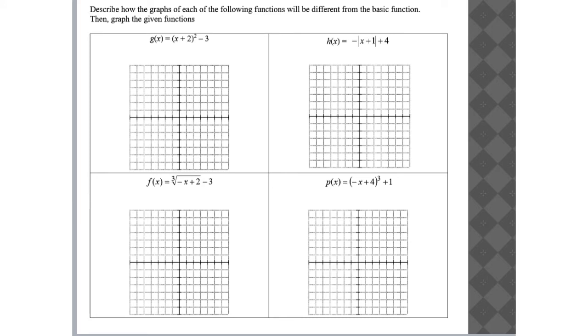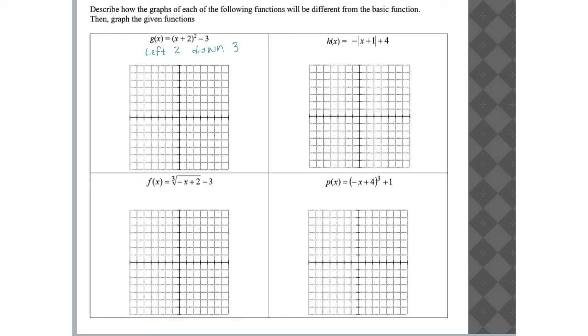And again, using our transformations, let's see if we can figure out what's going to happen here. We're going to have to take our original and move it left 2 and then down 3. So let's go ahead and just do a rough sketch of this.